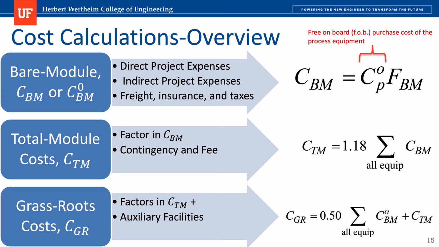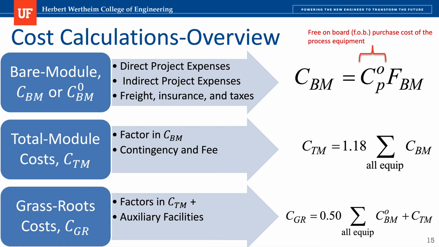The total module cost, as you can see, is just the addition of all of the bare module costs of the equipments that we have in our process flow diagram. That will be multiplied by a factor, and that factor is 1.18, which is the total module factor. And if that's it, we don't need to think about building the ancillary facilities to the plant, like the gym and the sales and the storage tanks and all that.